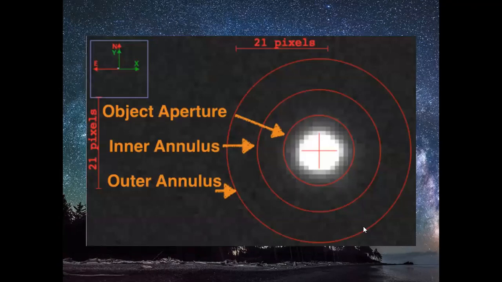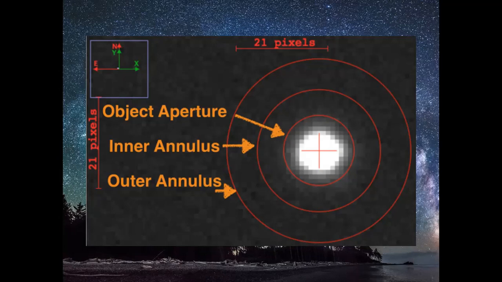Okay. So how do you find the aperture, and then how do you go about calculating the sky annulus? For calculating the aperture, you take this inner circle. The inner circle basically contains that object properly. That is how you calculate the counts.